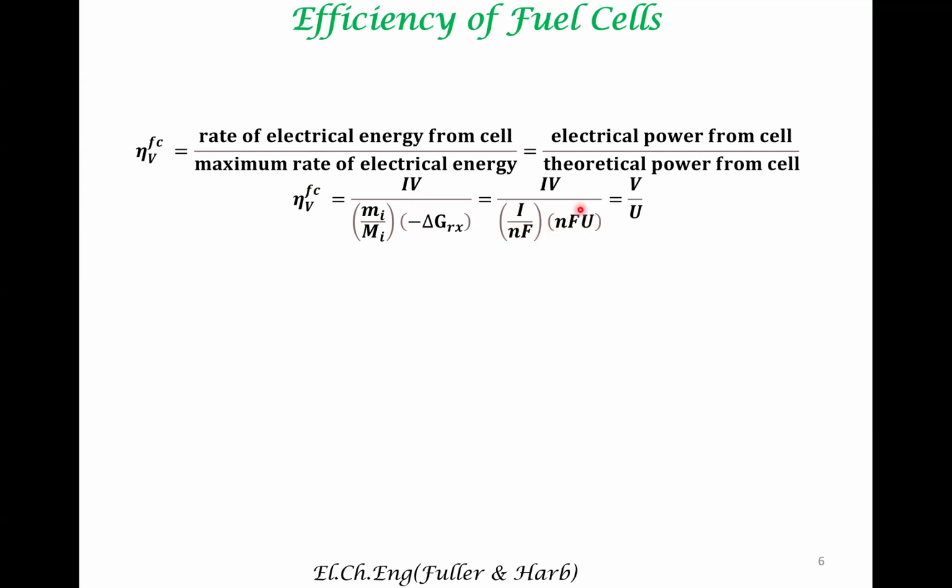From here, we can get what is in the denominator. This is completely based on thermodynamics. In the numerator, we have VI, which is just the power. From this, you may get V divided by U. This is a measure of efficiency of a fuel cell.